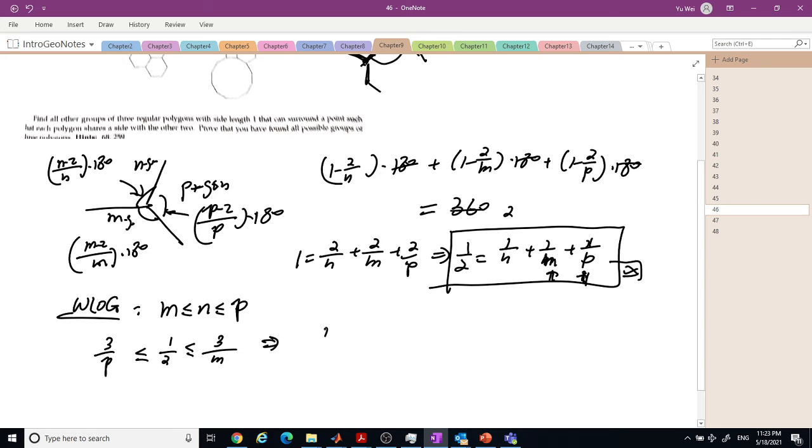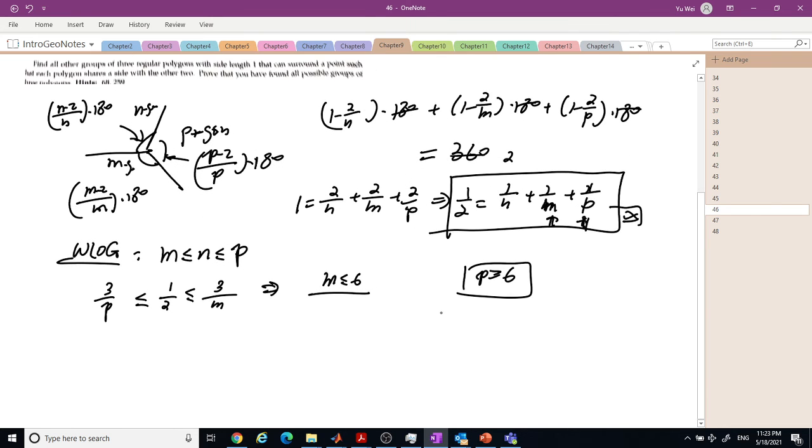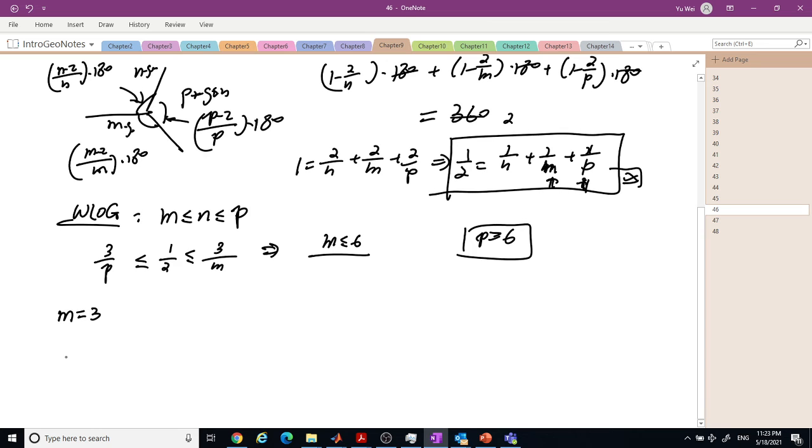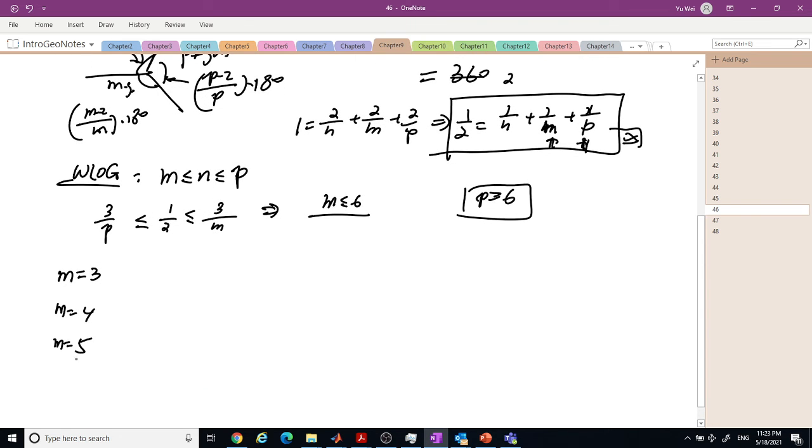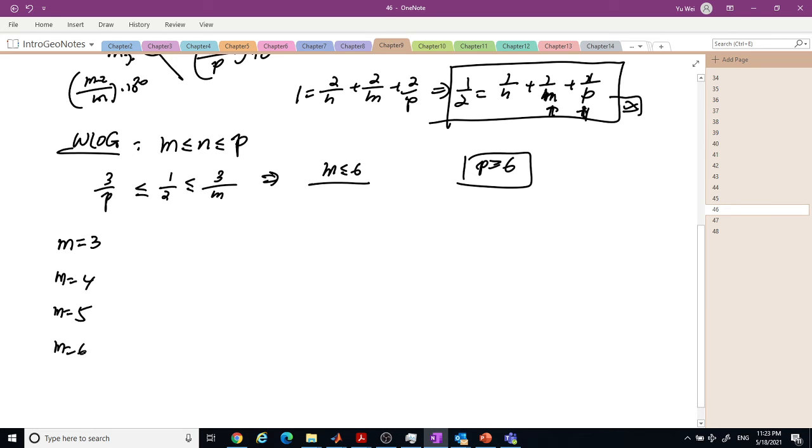So now we know m should be less than or equal to 6 and p should be greater than or equal to 6. If m is less than or equal to 6, then we have the choices m equals 3, m equals 4, m equals 5, and m equals 6.